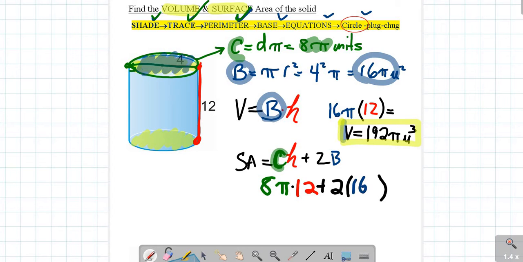They're 16 pi each base. Now I'm going to do 8 times 12. Excuse me, that's 96. So we have here 96 pi plus, that's 32 pi, and you simply add it up.